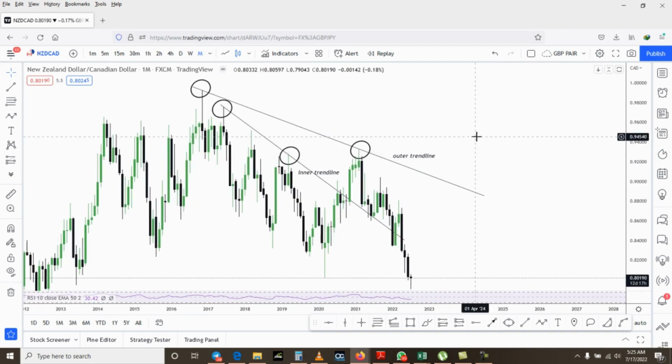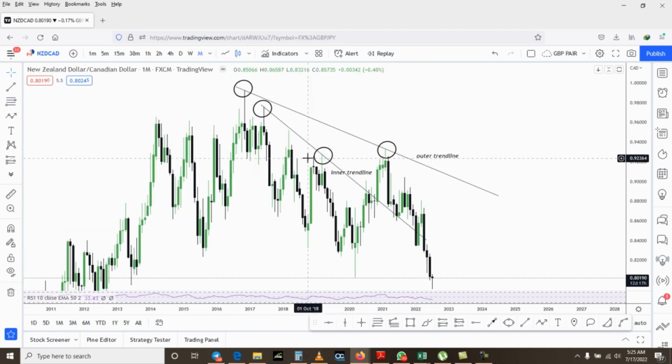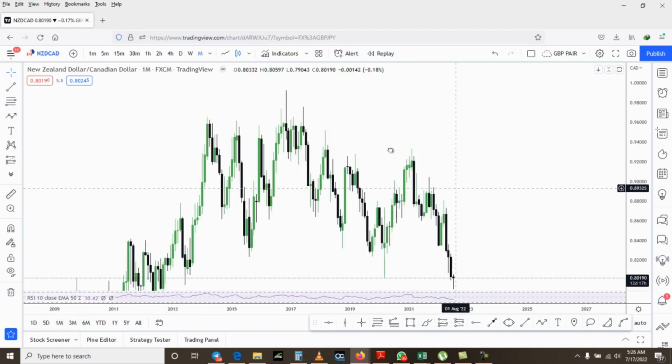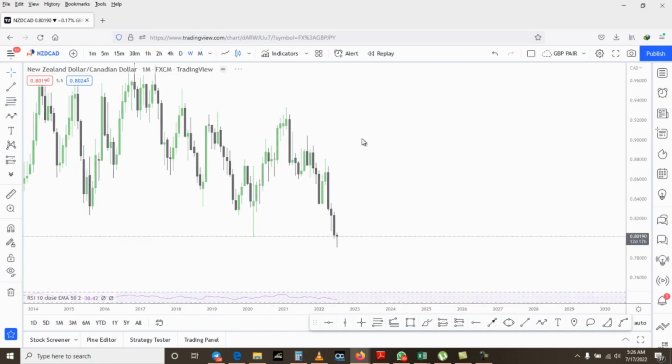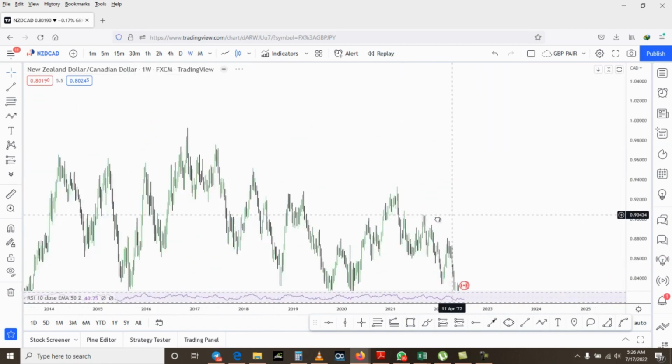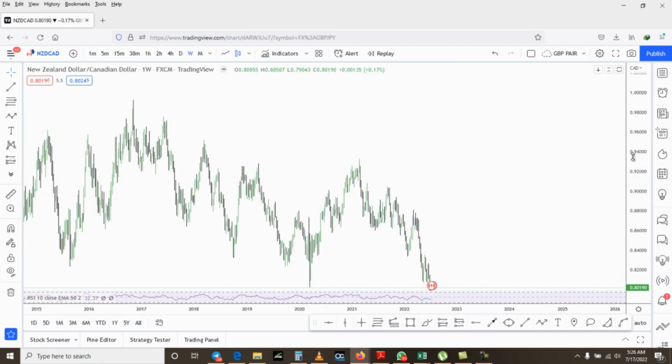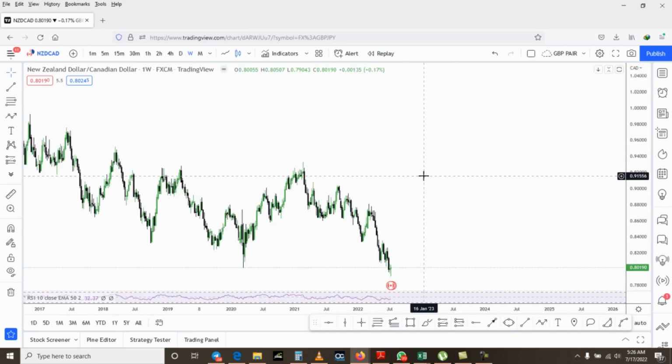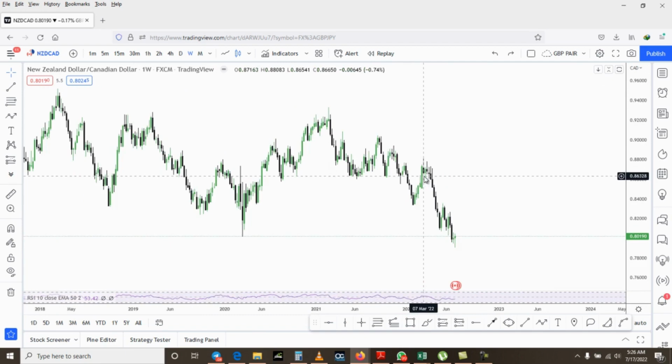So now let me scale down to the weekly time frame. I'll remove all this annotation. Let's go down to the weekly time frame. So if you recall, let me see if I can bring that back.